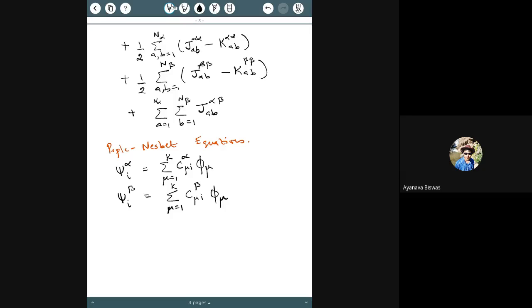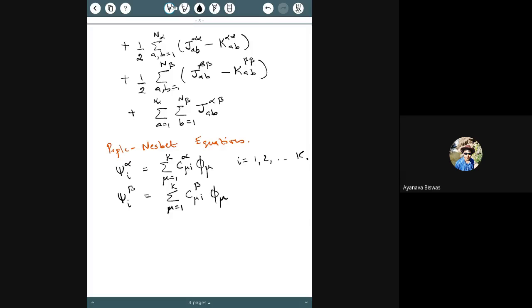These are just the Gaussian functions or contracted Gaussian type orbitals that we have been talking about. The combining coefficients are dependent on whether this is the spatial part of the alpha electron or the spatial part of the beta electron, and i runs over k orbitals.